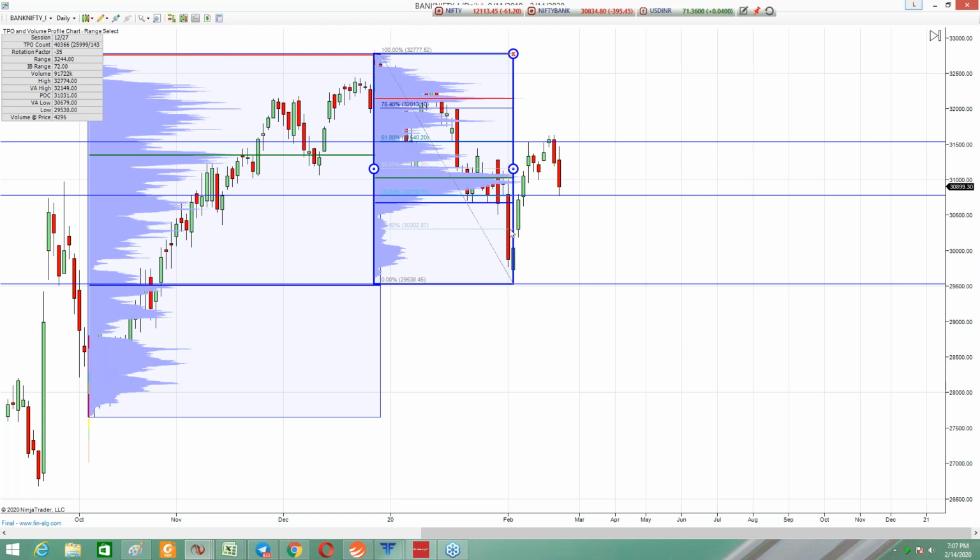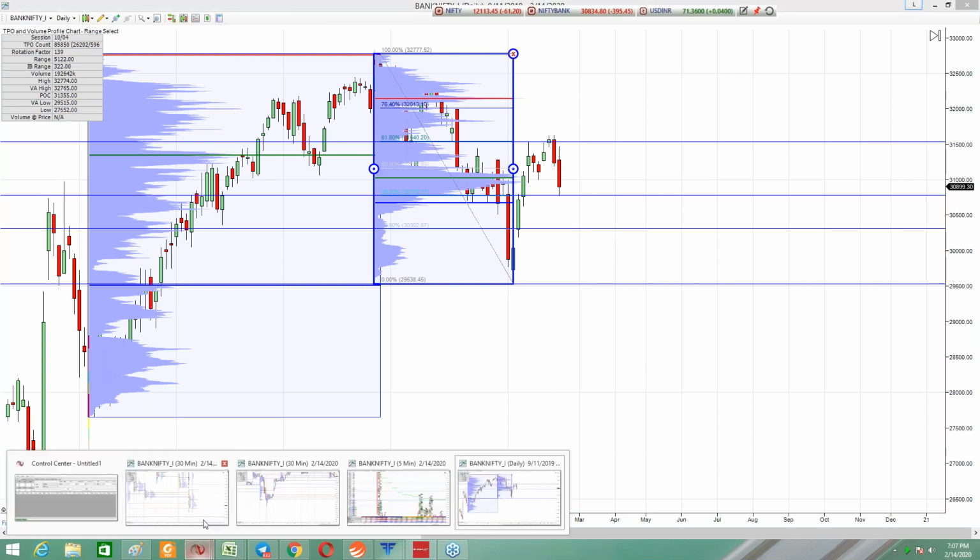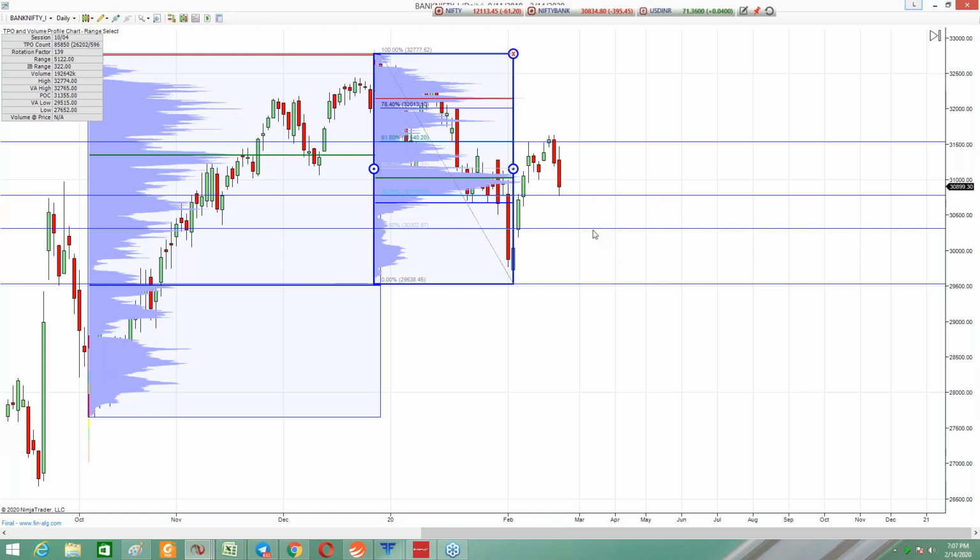So the next retracement level is basically this one, 30,302, and it is also coinciding a little bit with our support level, which is available between 30,460 to 30,360, just above this level.